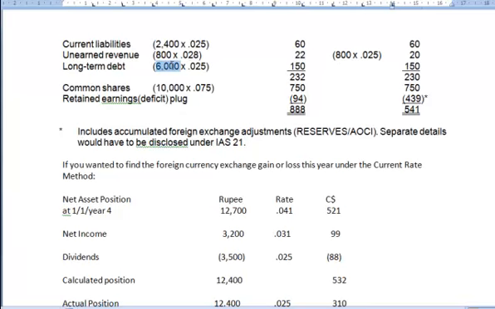And again, your long-term debt is at the spot rate because it is monetary, and it's 150,000. Common shares are translated at the historical rate all the time under both current rate method and temporal method, so we get 750,000. Now, the question didn't give you enough information to calculate the actual amount of retained earnings at the end of year 4, so we just plugged it to balance, and we get 888,000.